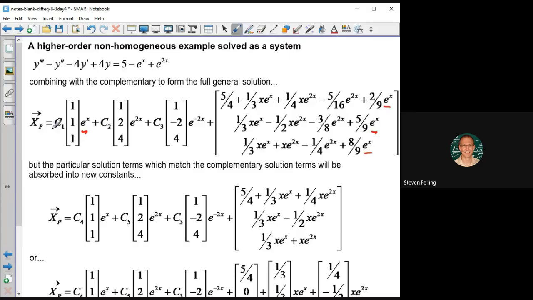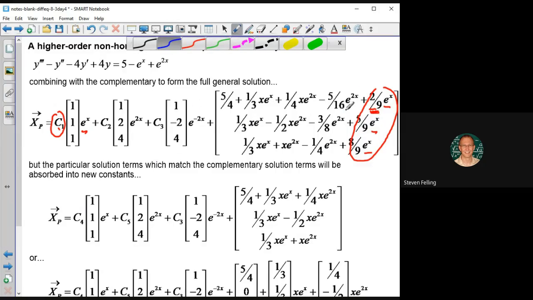Since I already have a constant in here, all of these are just going to go away because they get absorbed into this constant. There are other constants. So basically C1 plus C2/9, whatever, these constants are all going to be replaced with a new constant, C4.